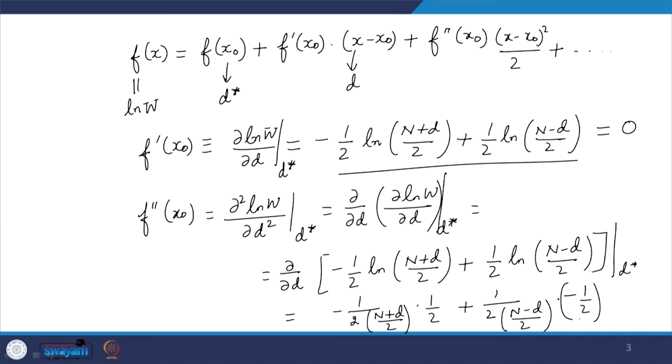Again we have certain cancellations, and essentially since I am evaluating around d star and d star is equal to 0, you can see what we get from here.